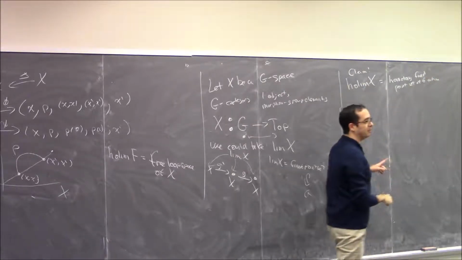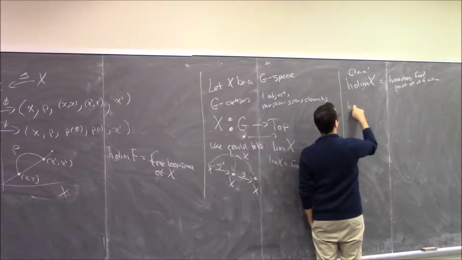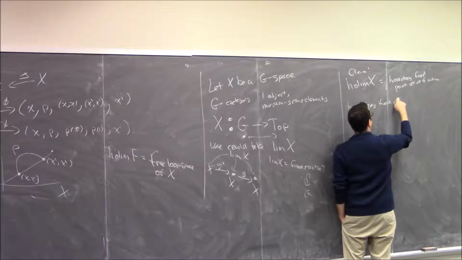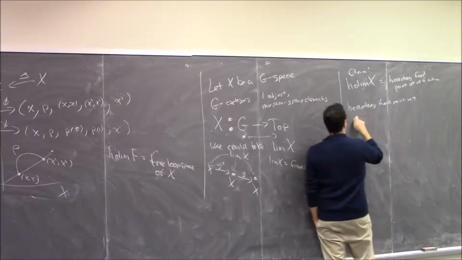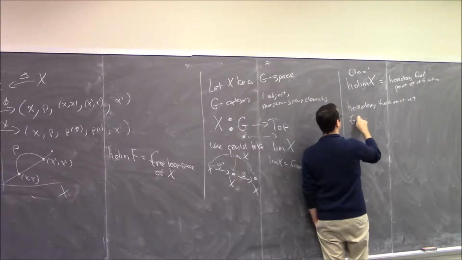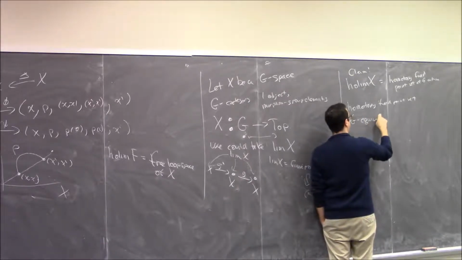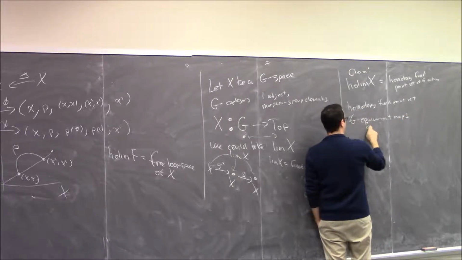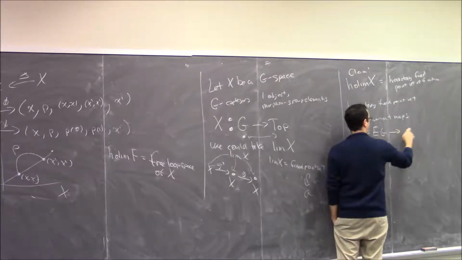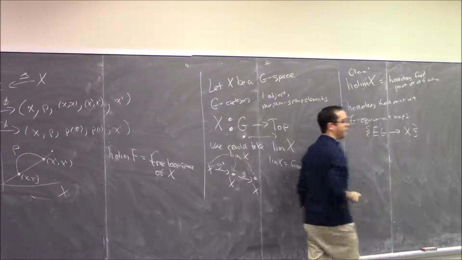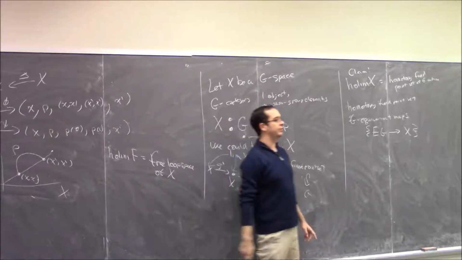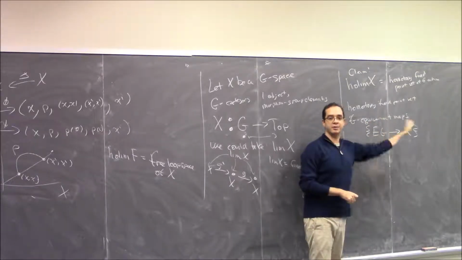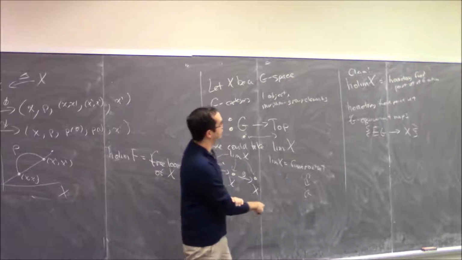So the homotopy fixed point set, these are the G equivariant maps from EG to X. So EG is a contractible space with a free G action. As a G space, we can ask for the G equivariant maps.